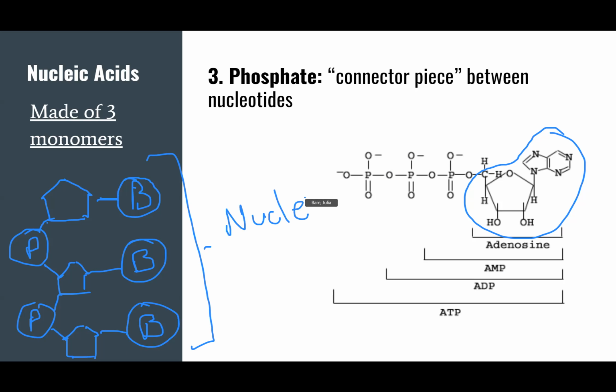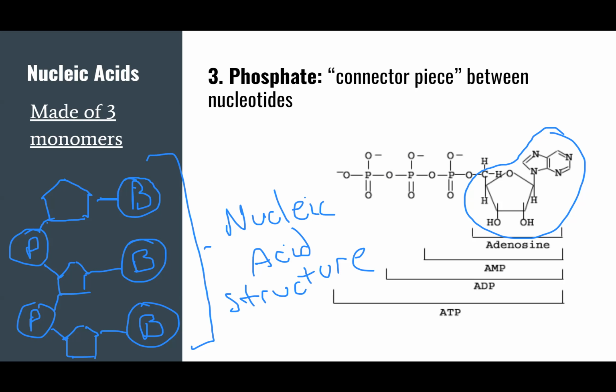Nucleic acid structure. You have the 3 components repeating themselves, potentially in hundreds, if not thousands of repetitions. Remember the nucleotide is that whole structure, the phosphate plus the sugar plus the base.